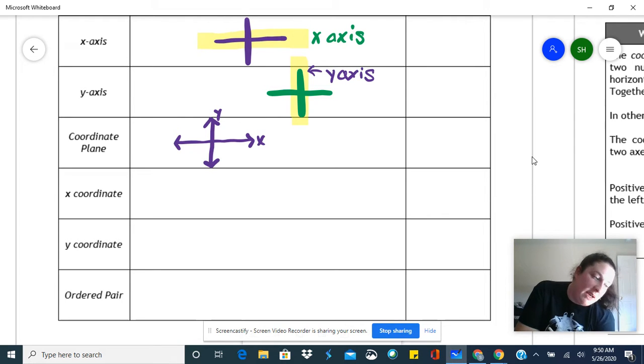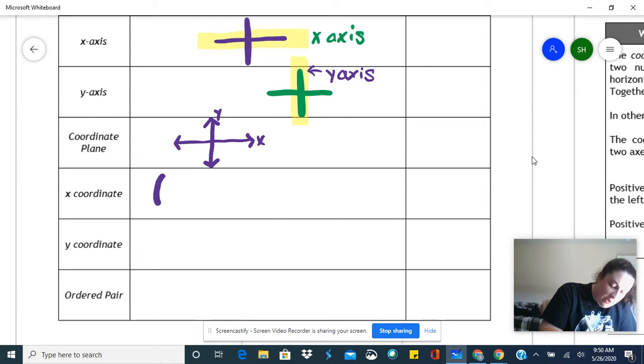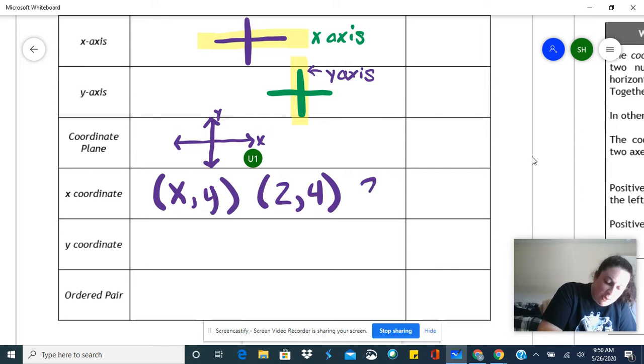An x coordinate is your value of x, and when it's written, it will be x, comma, y. So in this example, if you had (2, 4), 2 is your x coordinate.